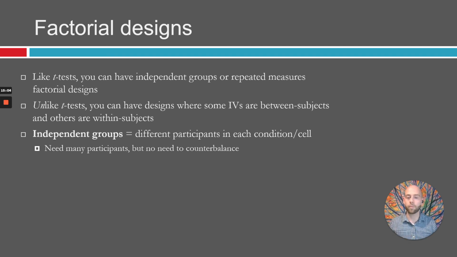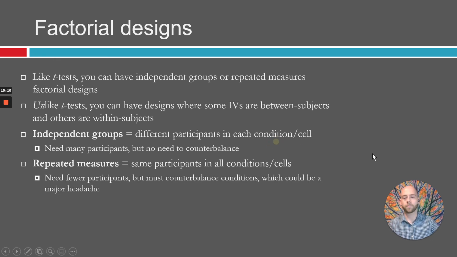This needs a lot of participants, but you don't have to worry about all that troublesome counterbalancing that we've talked about previously. In repeated measures designs, you don't need as many participants, but counterbalancing matters, and you have to think about carryover effects even if you try to counterbalance and stuff like that.